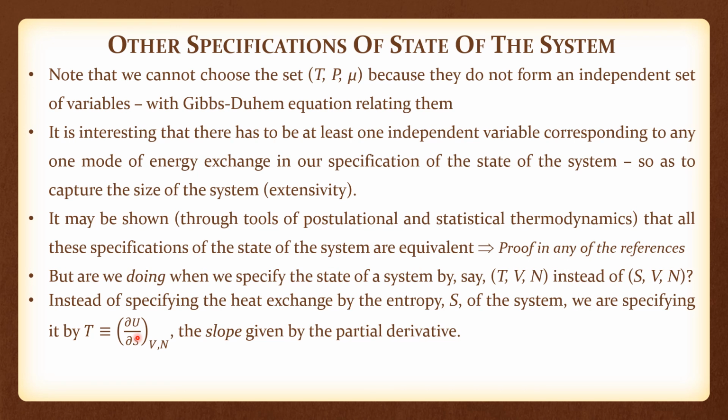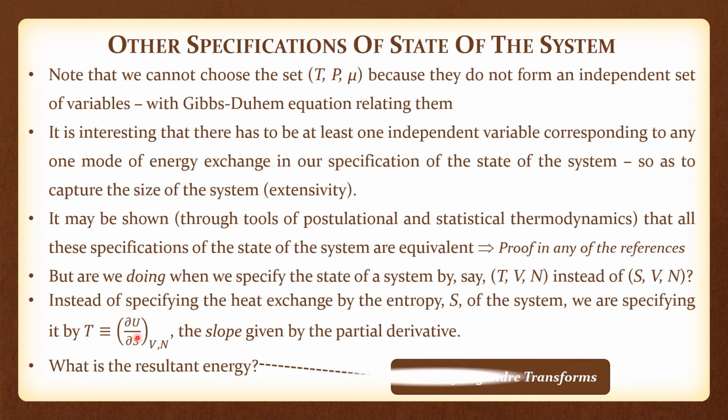So this transformation of coordinate system will give us the answer to the question, what is the resultant energy? Remember, the hypothesis is still that the macroscopic thermodynamic state of the system can be specified by or defined by its energy. Which energy is it? We are going to see. This is given by what is called Legendre transforms or Legendre transformations.